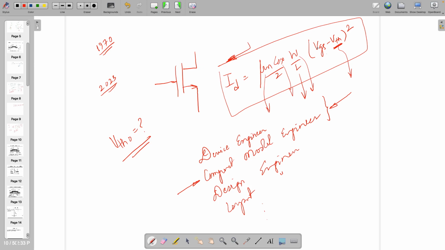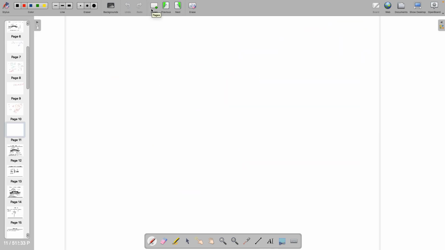Every year or every 1.5 years, when the transistor is changing, the compact model engineer has to give us the new model, right? So if you remember, we also talked about Ohm's law, V equal to IR, but that is only at room temperature. If you change the temperature, this equation will change.